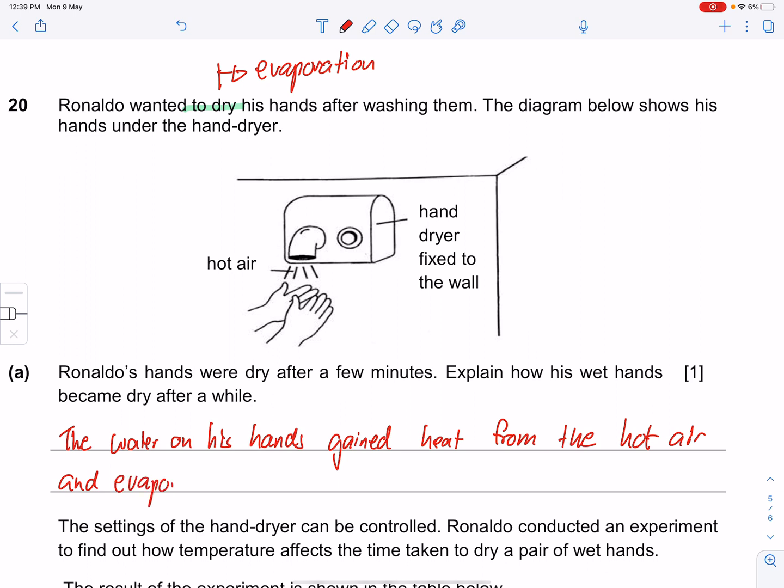It's not enough to just say that water evaporated. And if you want to talk about the wind, it's not right to just say the wind blew away the water droplets. You have to say that the wind increases the rate of evaporation. Next.